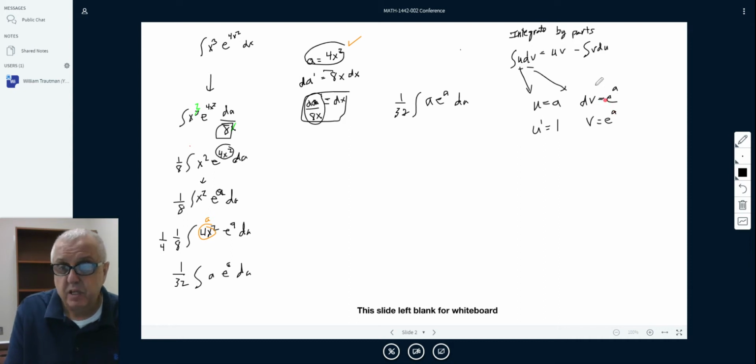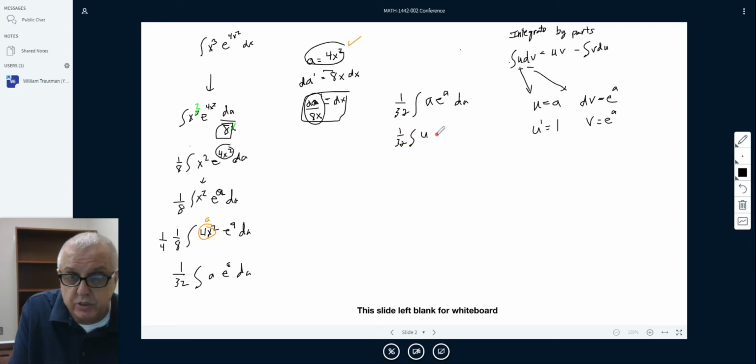So if you look at my integrating by parts, I need to set this up. I have 1 over 32 integrating u dv. I'm going to change it to uv minus integrating v du. And don't forget we have a 1 over 32 on the outside.